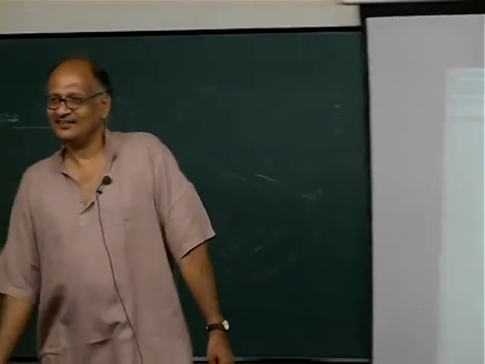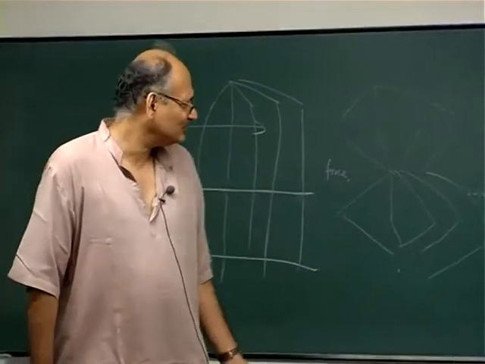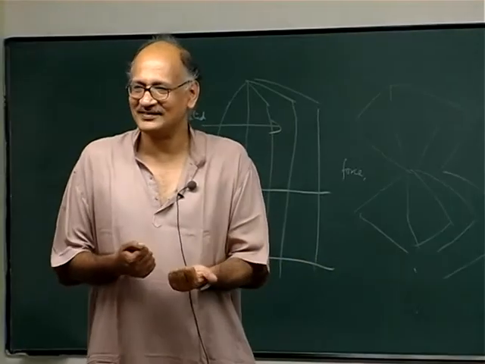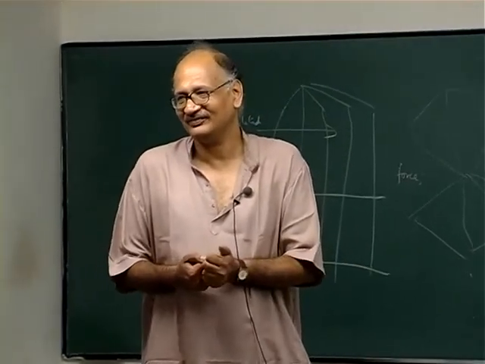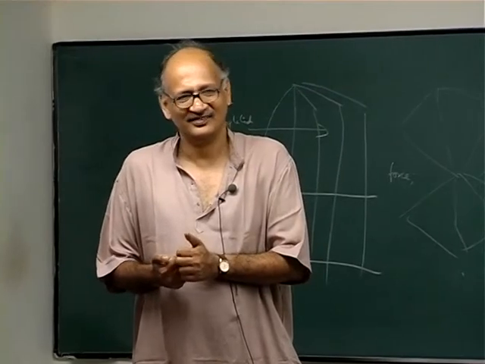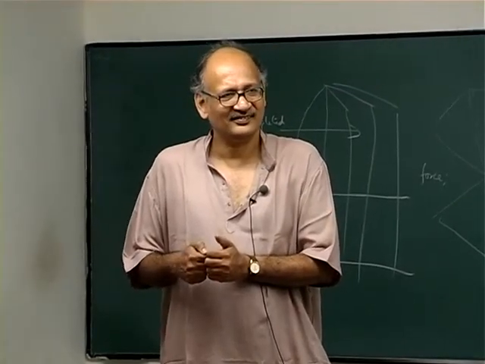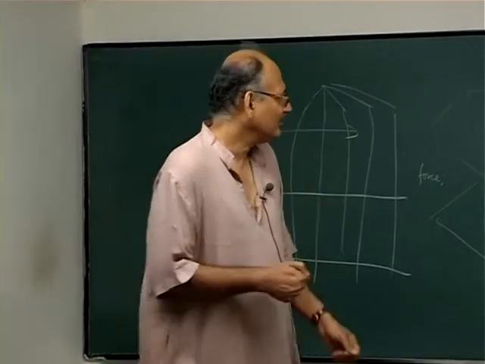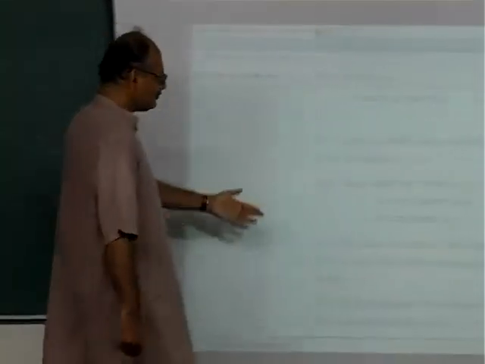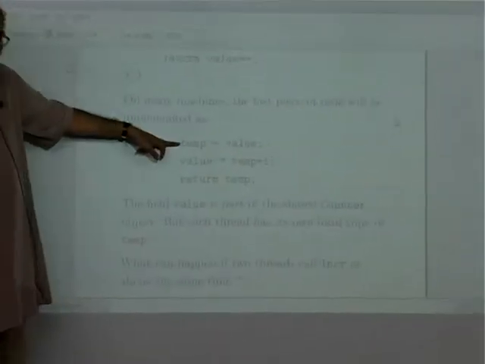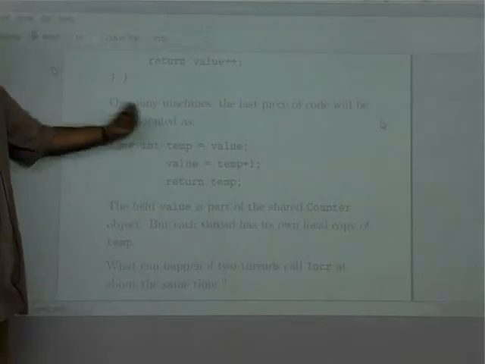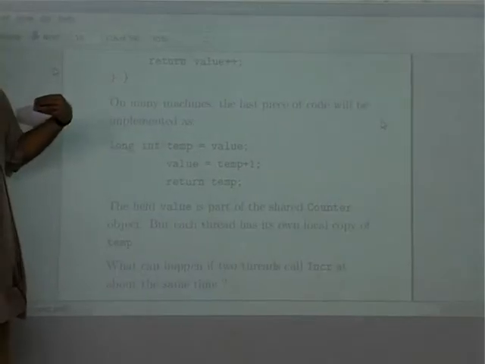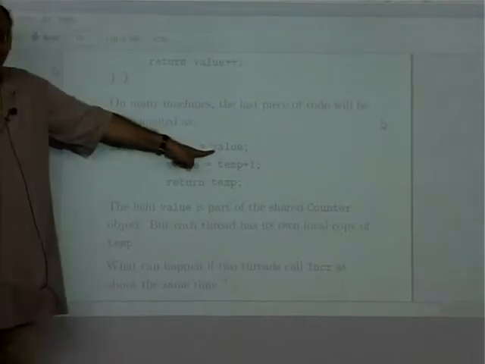What happens if two threads call this increment procedure at about the same time? This is a thread local variable, and this is a shared variable.